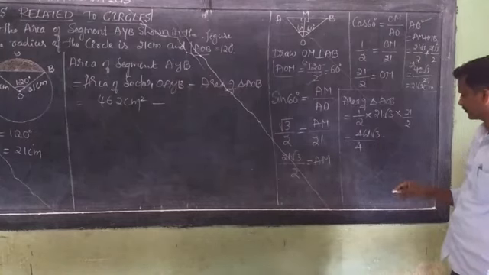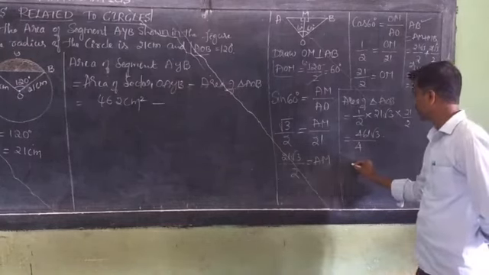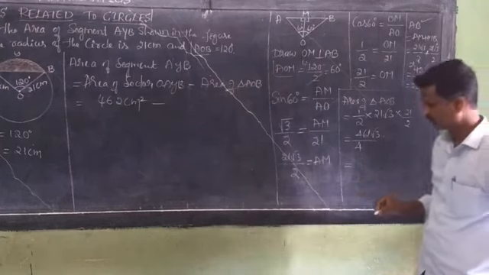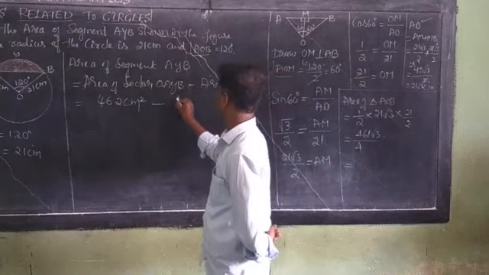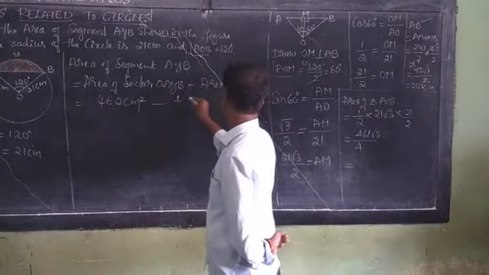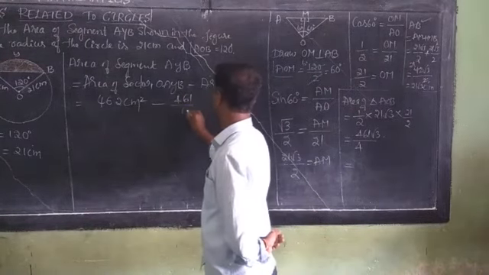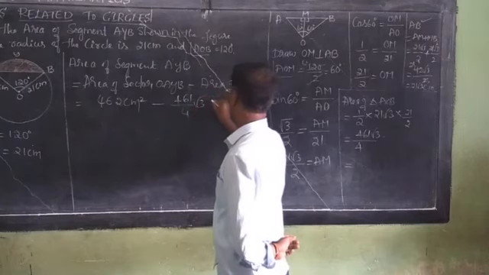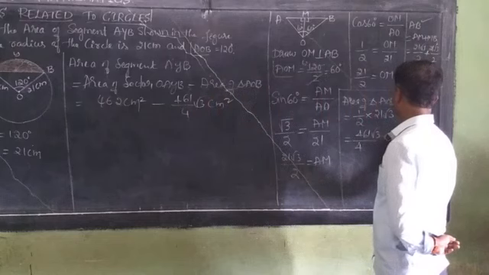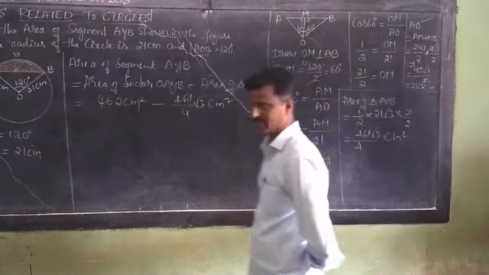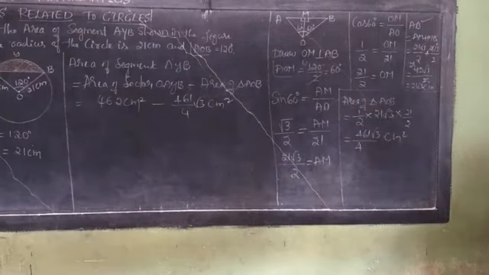Here 441 by 4 root 3 centimeter square is the area of the triangle.